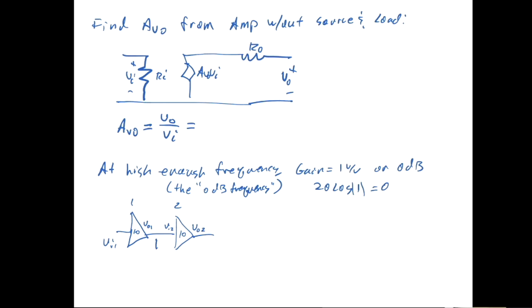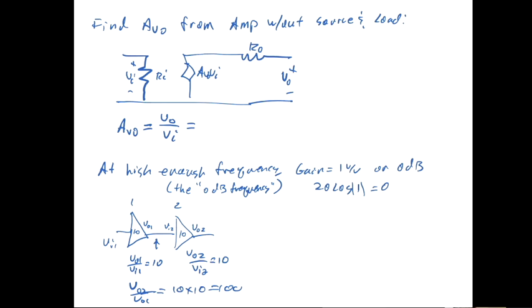The gain V out 1 over V in 1 is equal to 10, and the gain V out 2 over V in 2 is equal to 10. But the gain from V out 2 over V in 1 would be 10 times 10, or 100.